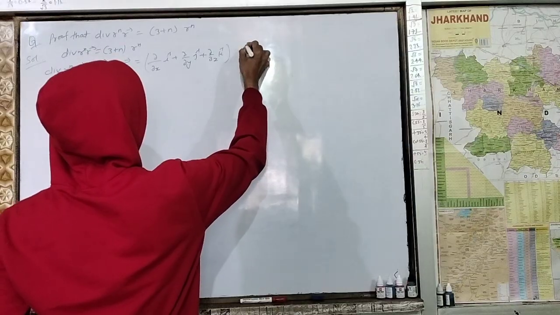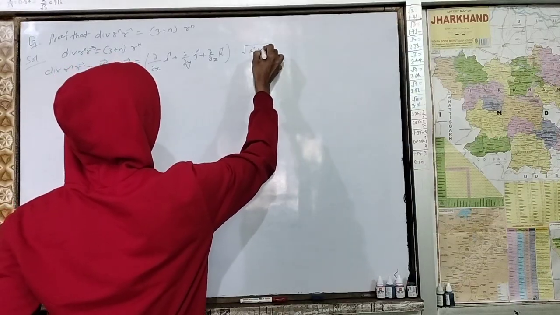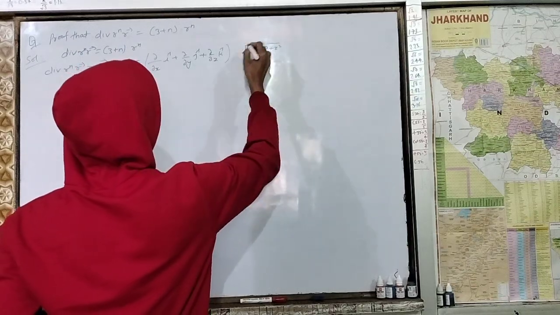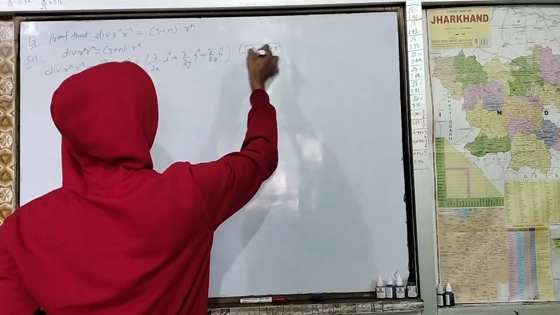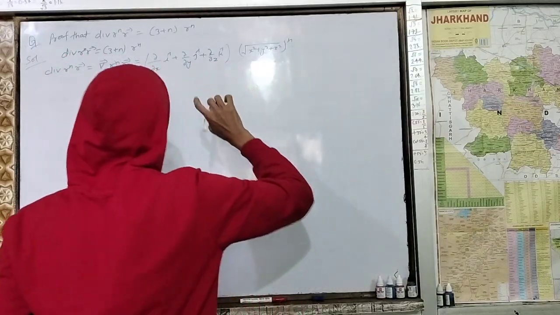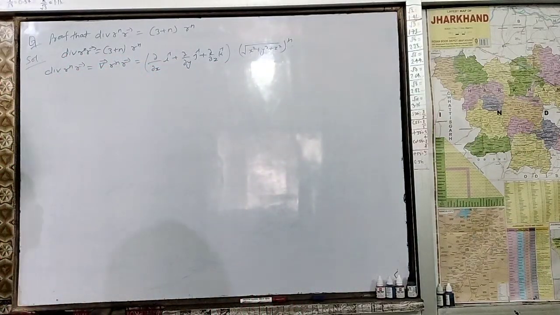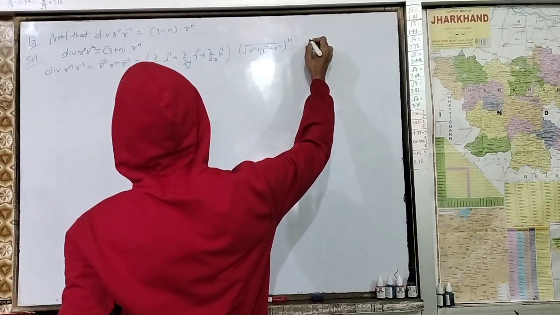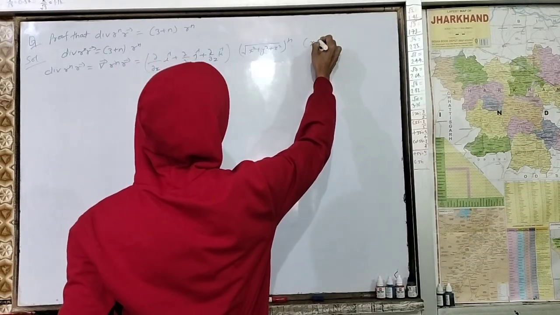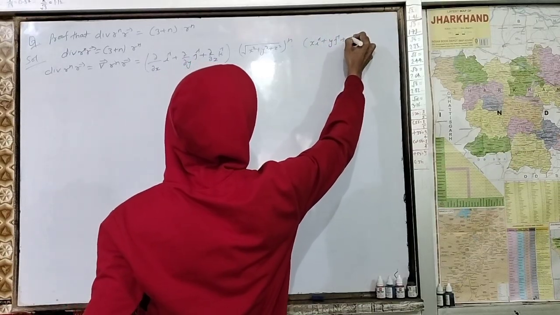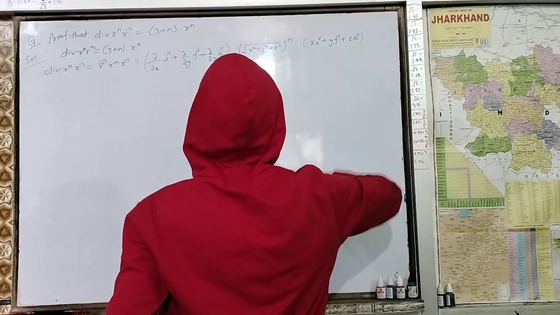The value of r is the square root of x square plus y square plus z square, and this is raised to power n. Am I correct? Then dot again. The value of a position vector is always x i cap plus y j cap plus z k cap. Am I correct?